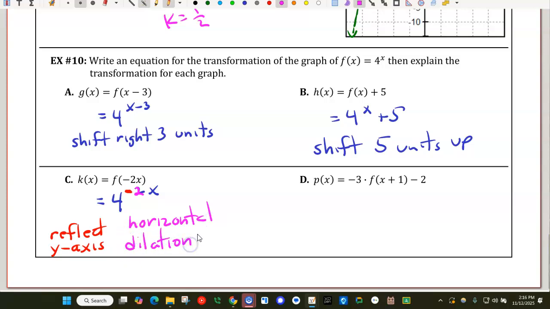What is the factor? 1/2. So half's the distance to that axis. All right, good.